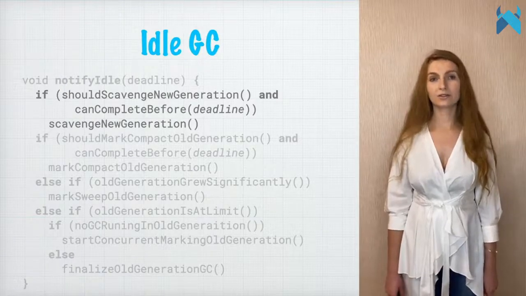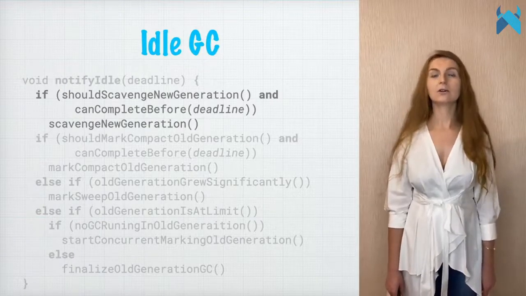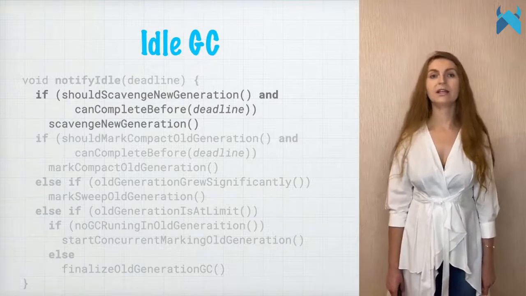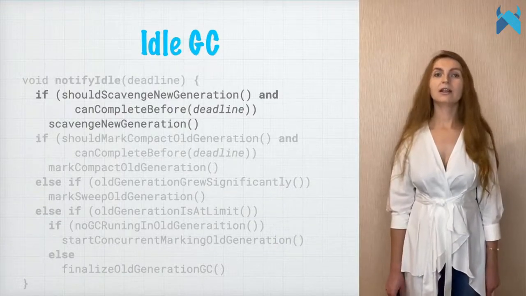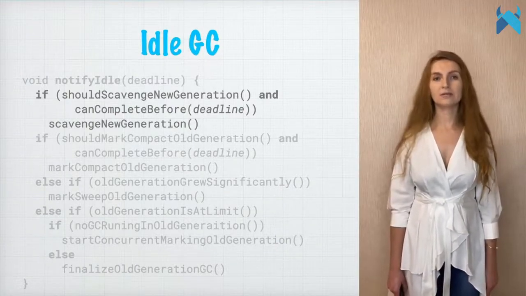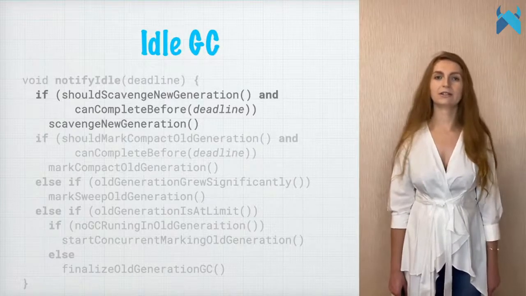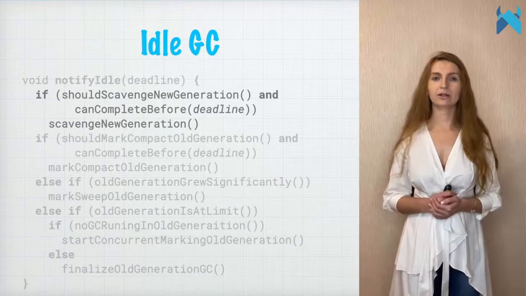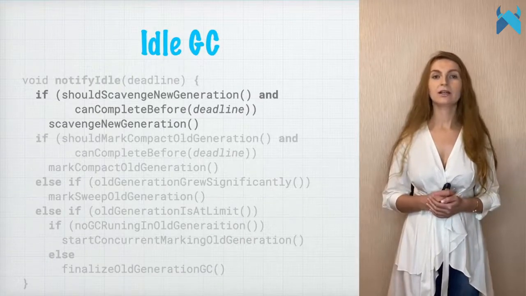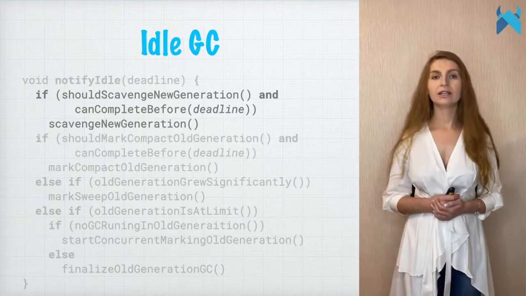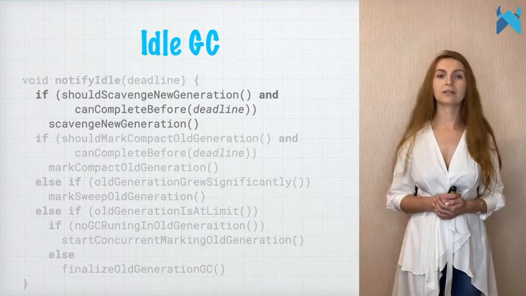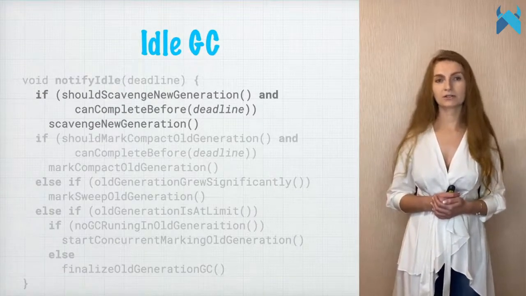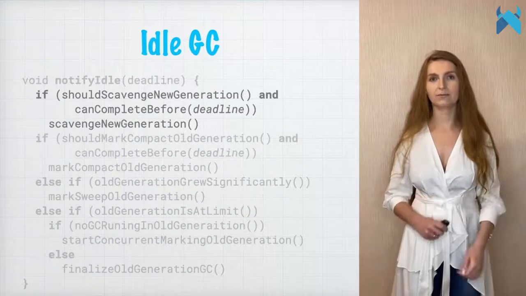So, if the answer is no to both cases, no scavenge will happen. But if the answer is yes, it will happen only if it is estimated to complete before the deadline. But how does it know how much time it will take to run a collection? Well, during each GC run, it collects stats about the speed and the total size of objects it collects in a microsecond.